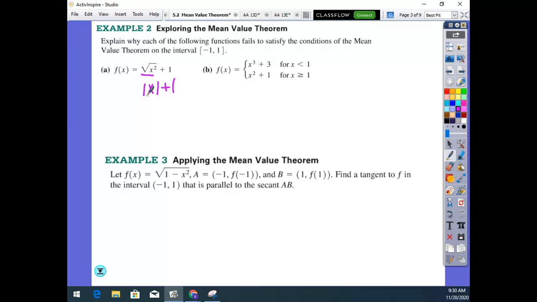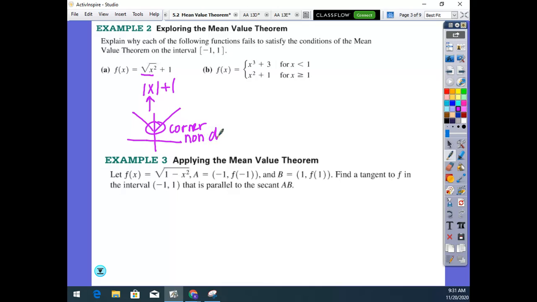That's why we have to use the absolute value. So what does this mean? At 0, what is this? This is a corner. If there's a corner in the graph, that means it is not differentiable at x equals 0. So because it's not differentiable at one spot, it fails to satisfy the mean value theorem.